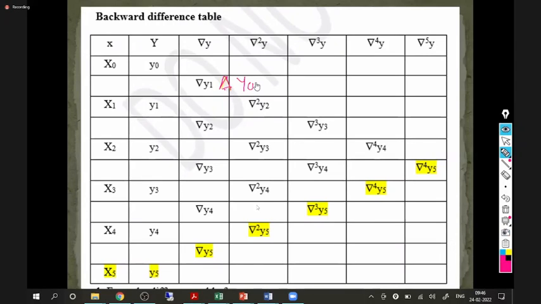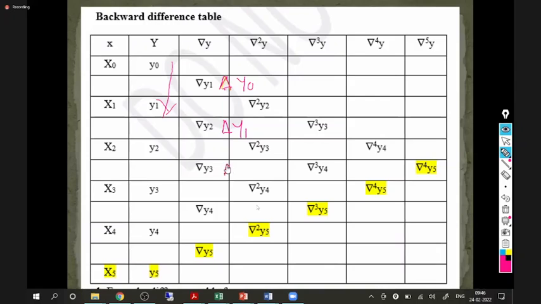In forward differences, we take the differences from the beginning of the row. So we say delta y0, delta y1, delta y2, and so on. When I say y1 minus y0, it is delta y0. y2 minus y1 is delta y1. y3 minus y2 is delta y2, and so on.